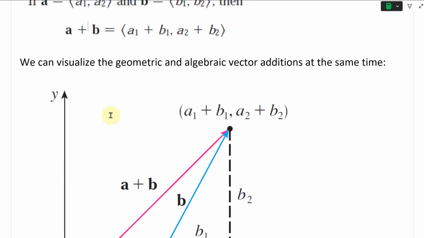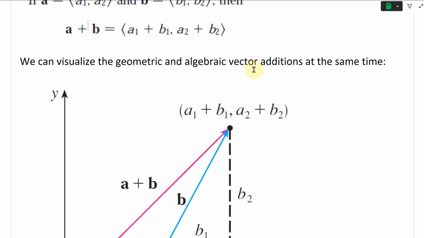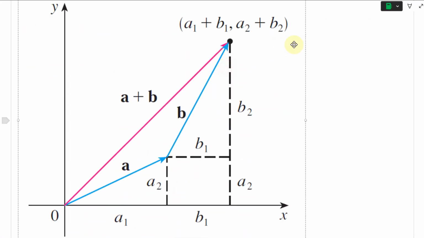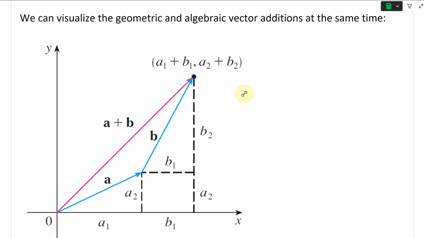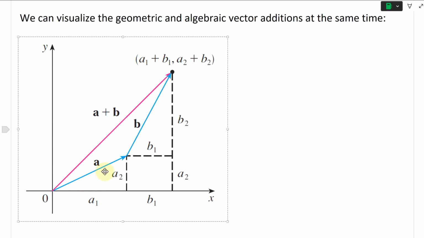And we can visualize the geometric and algebraic vector additions at the same time. So here's a graph showing both of them. Here's A, and then you put B on top of there, so you're adding these together. The tail of B connects to the head of A. And then you could also put that in coordinate form.